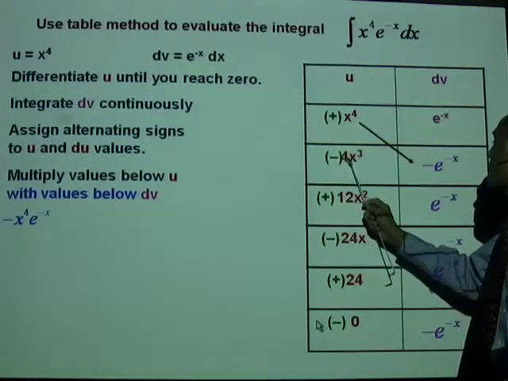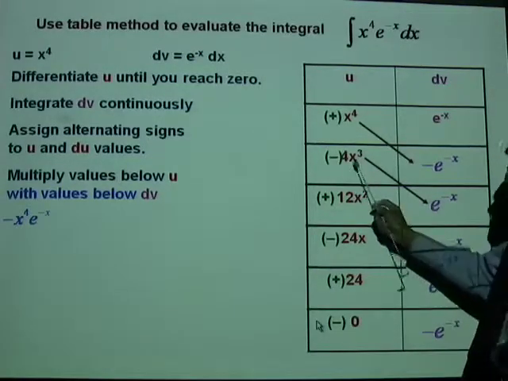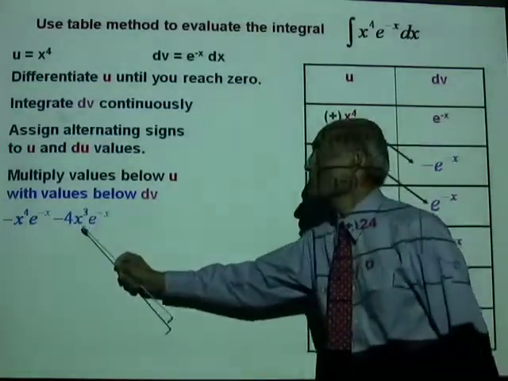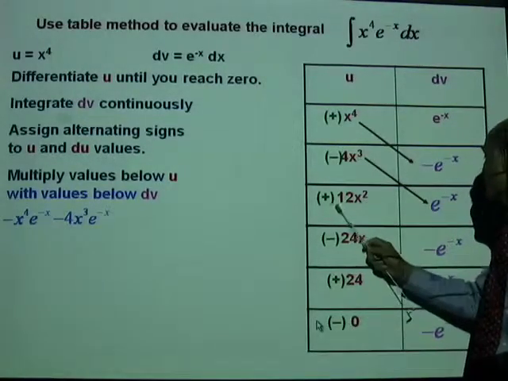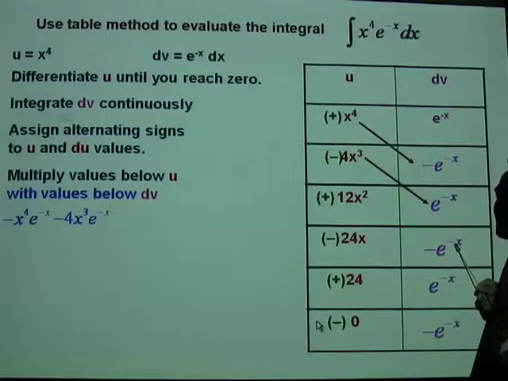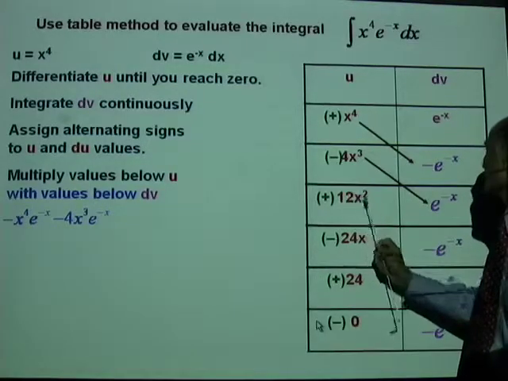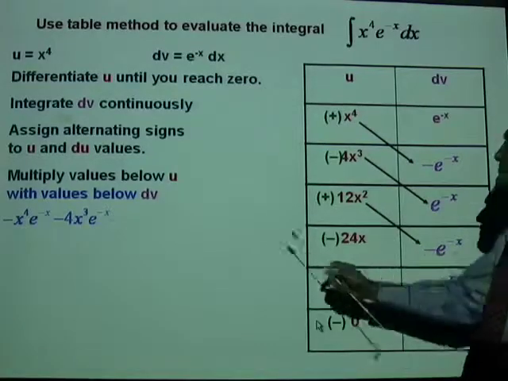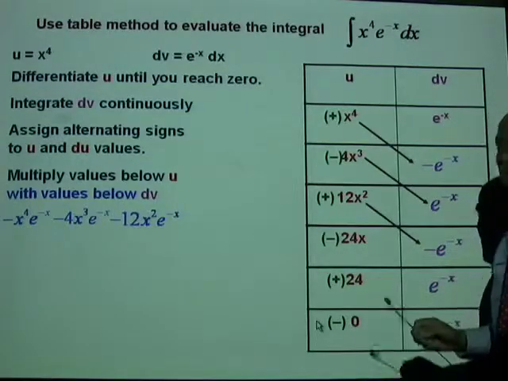What's the next term? It'll be negative 4x cubed times positive e to the power of negative x. That would be minus 4x cubed e to the power of negative x. What's the third term? It will be 12x squared times negative e to the power of negative x. So that will make the expression negative. That would be minus 12x squared e to the power of negative x.